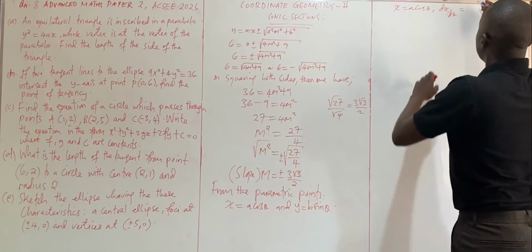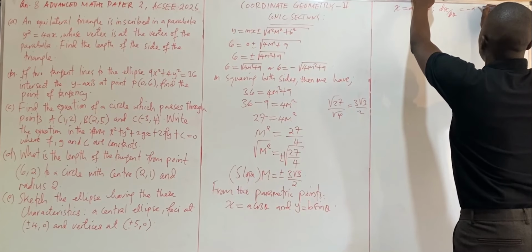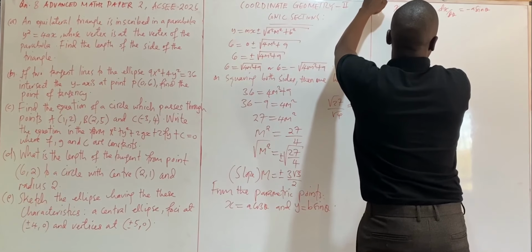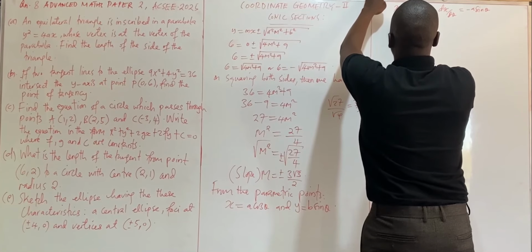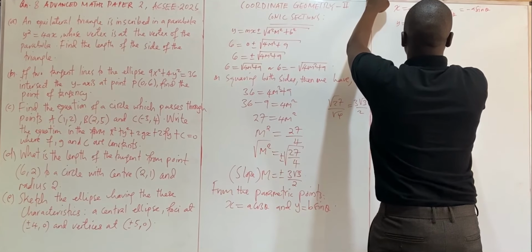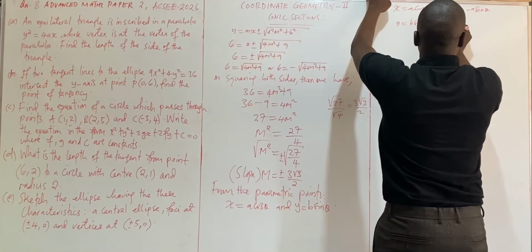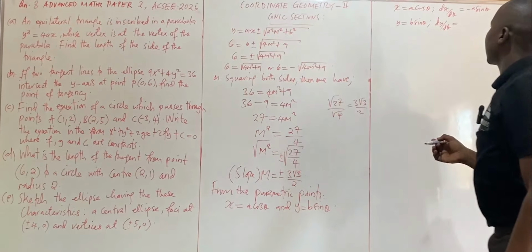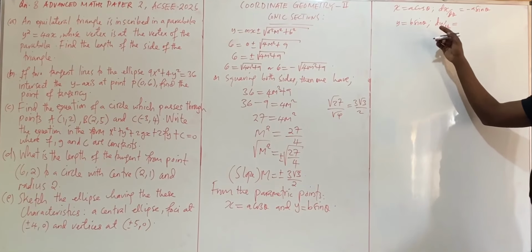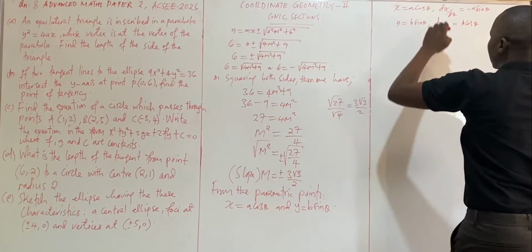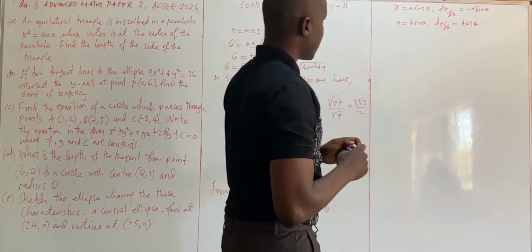Now dx d theta here will be negative a sine of theta, and y equals b sine of theta. This is another parametric point. So dy d theta equals what? Dy d theta will be b cosine of theta, because differentiating sine we get positive cosine.